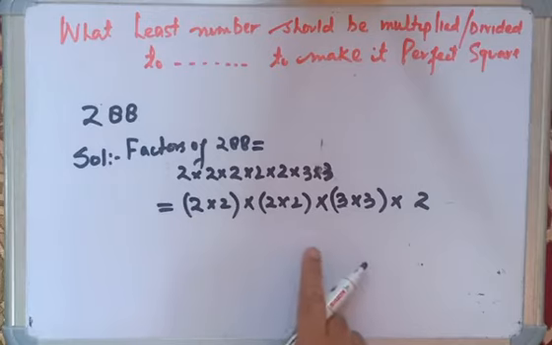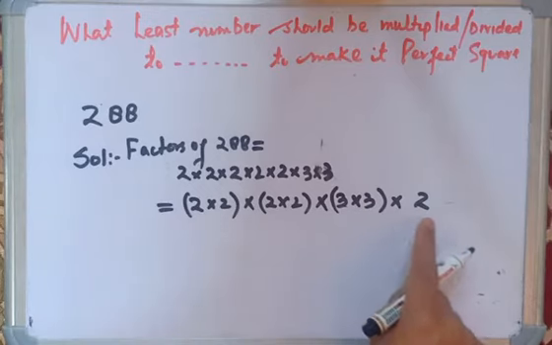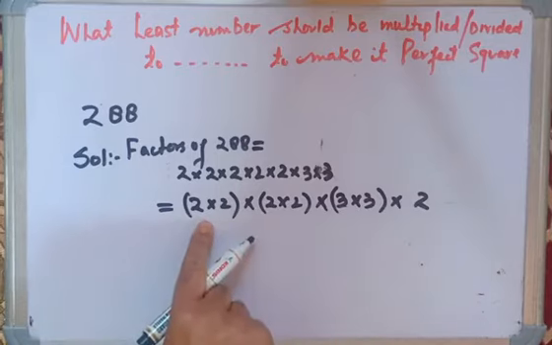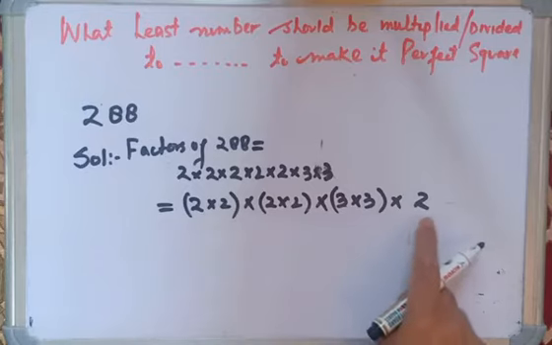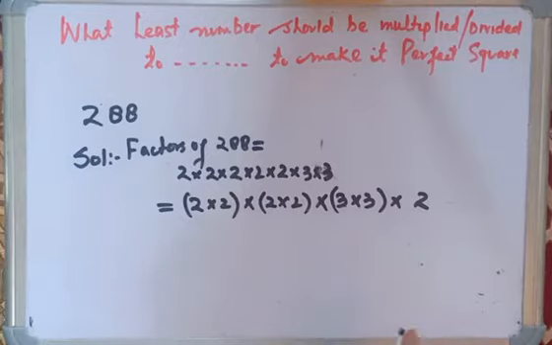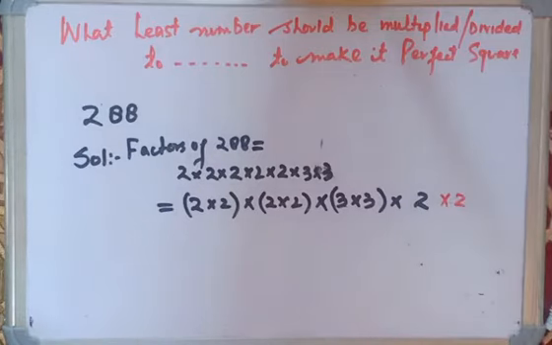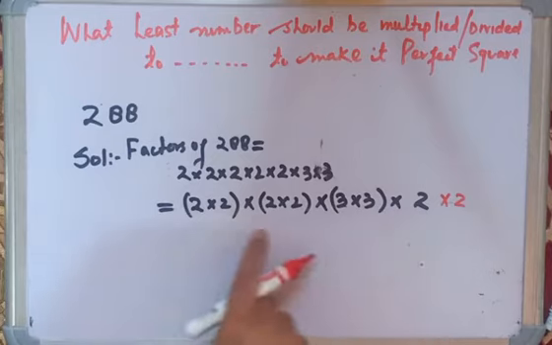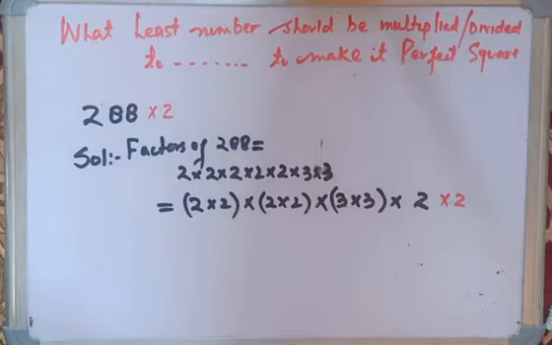Since 2 is only once, these are in pairs, and there remains only 2, which is only once, right? So if we multiply another 2 here, that means we are multiplying 288 by 2, right?